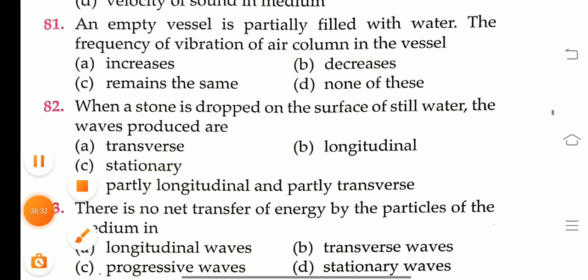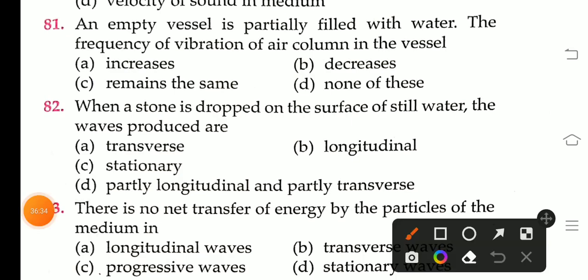Next, an empty vessel is partially filled with water. The frequency of vibration of air column in the vessel, right answer option A, increases.